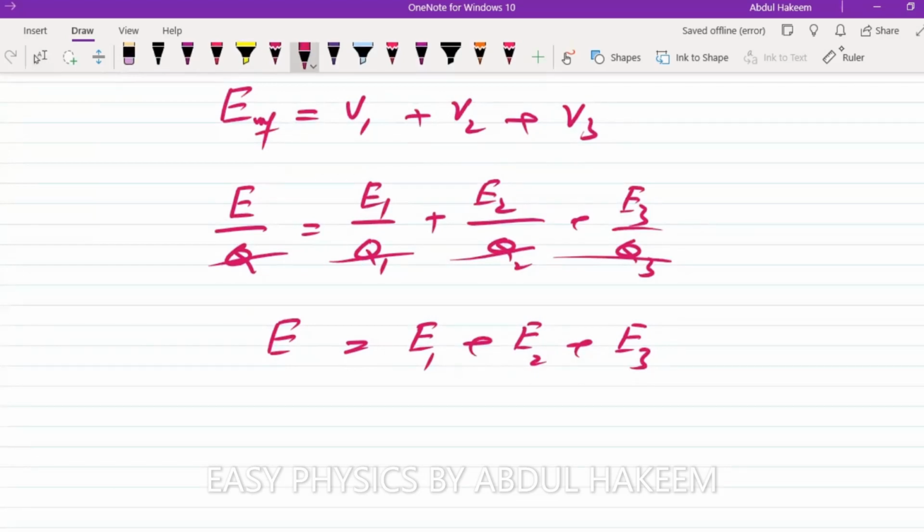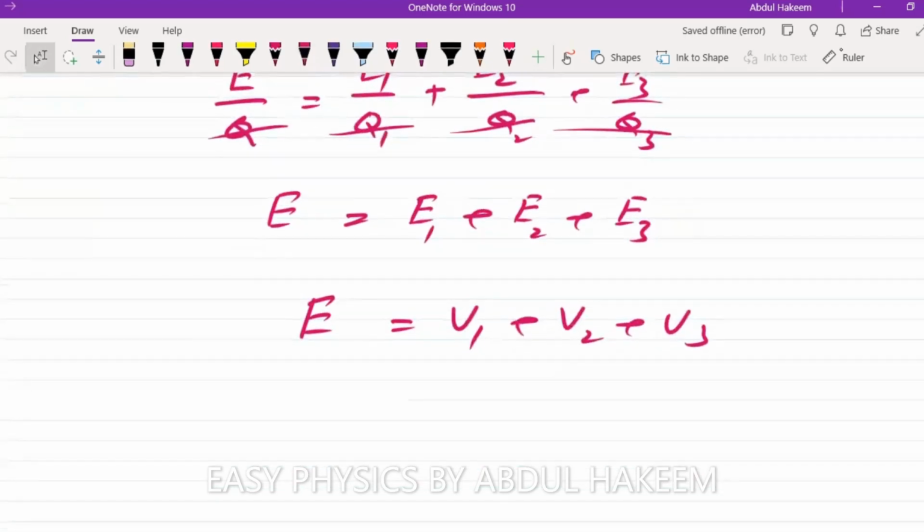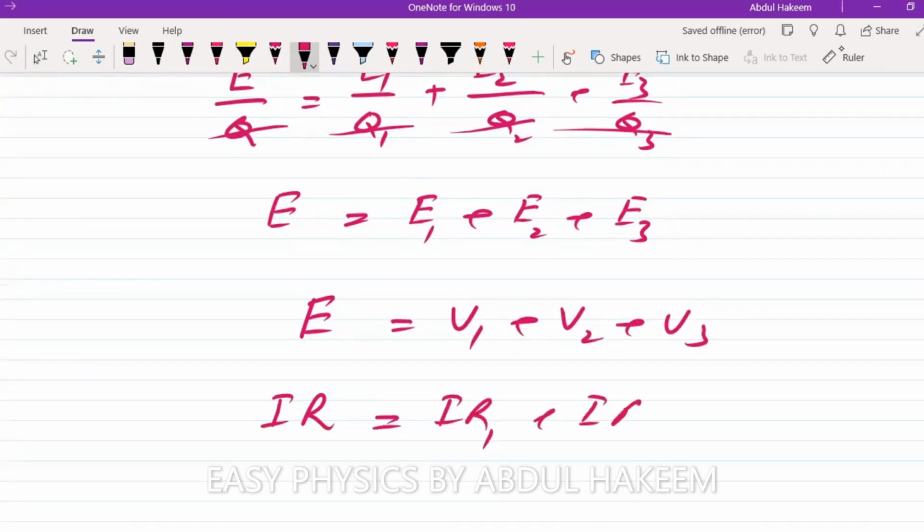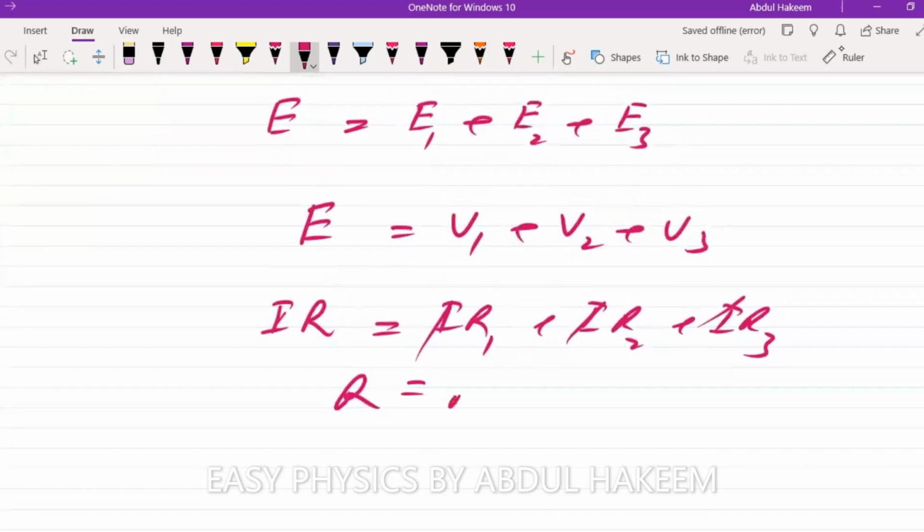Now, if this EMF is again written as V1, V2, V3, by Kirchhoff's second law and Ohm's law, EMF is equal to I R total, then IR1, IR2, and IR3. So when I is taken common and cancelled, the total resistance in series will be R1 plus R2 plus R3.